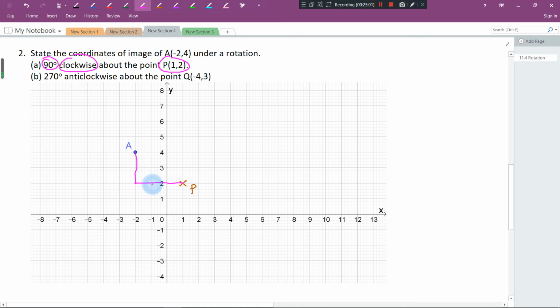So this is 3, 2. If you rotate this L shape clockwise 90 degrees, it will go this way, right? 1, 2, 3, 1, 2, which is over here. So this is the image of point A under this rotation. A prime, the coordinate is 3, 5.